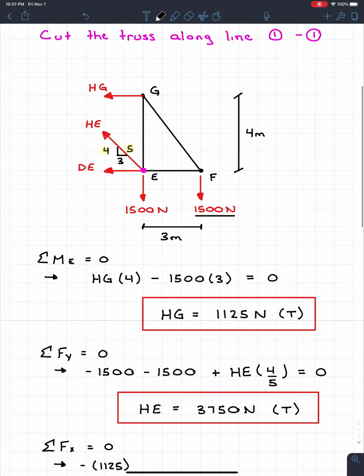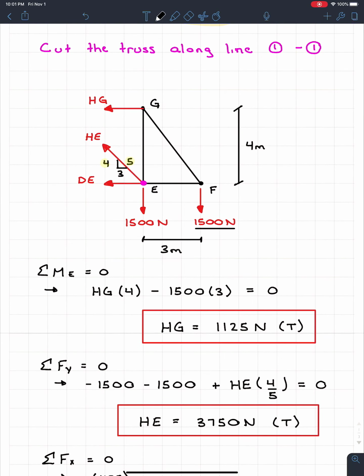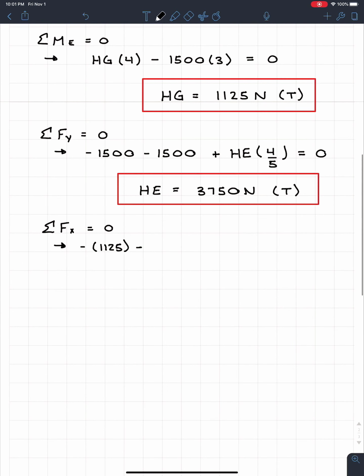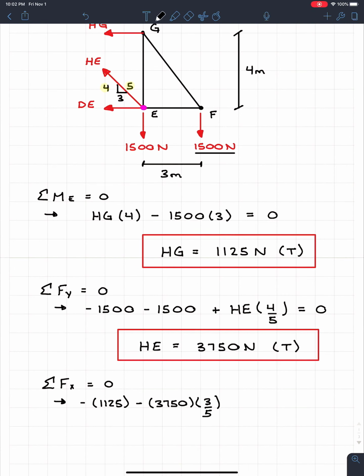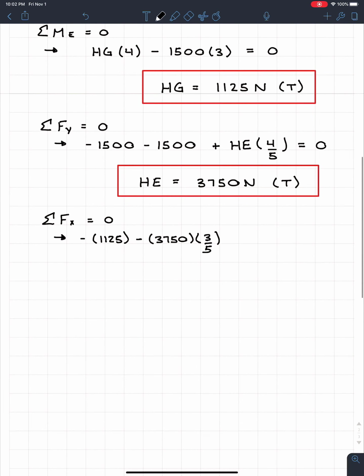We come up, our next one is HE, it's also going left, so negative HE, which we know is 3750, but we only want its horizontal component, so in this case it's going to be the 3 over 5. And if we look up again, we got DE, and it's also going to the left, so we're going to have a minus DE. And all of this must be equal to 0.